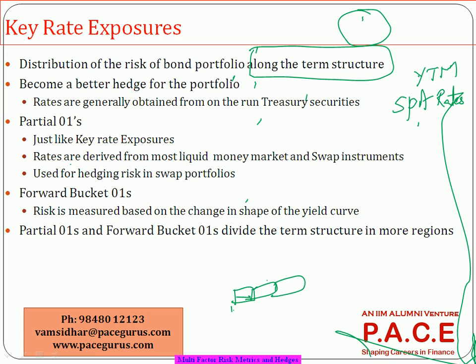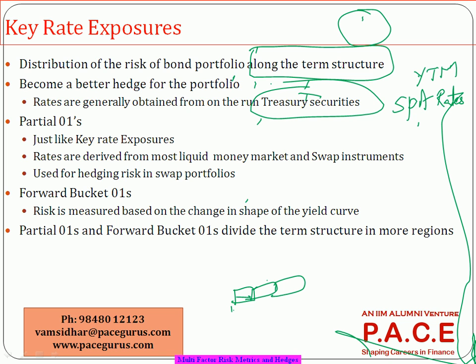And similarly, for the computation of the spot rates, we were talking about using treasury securities only, that too on-the-run treasury securities, which are very recently issued and very actively traded securities.